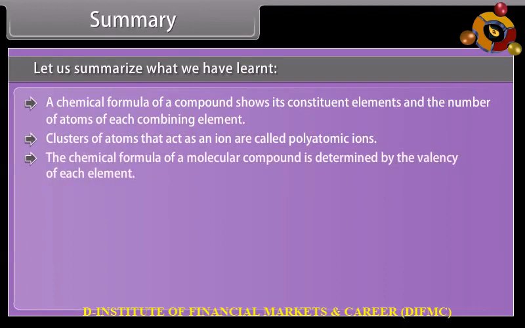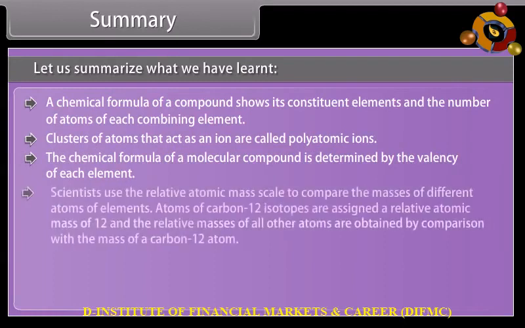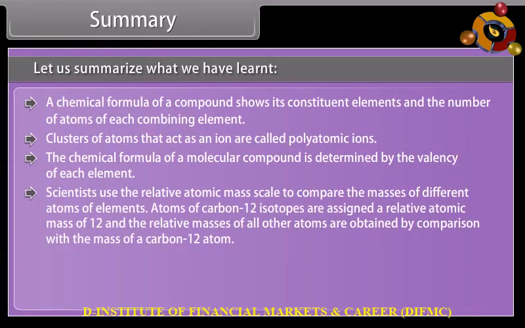The chemical formula of a molecular compound is determined by the valency of each element. Scientists use the relative atomic mass scale to compare the masses of different atoms of elements. Atoms of carbon-12 isotopes are assigned a relative atomic mass of 12, and the relative masses of all other atoms are obtained by comparison with the mass of a carbon-12 atom.